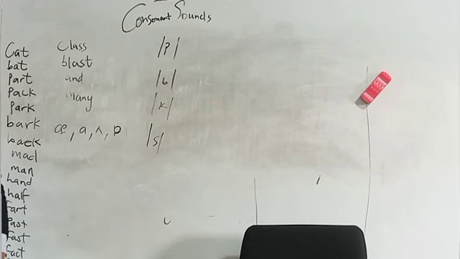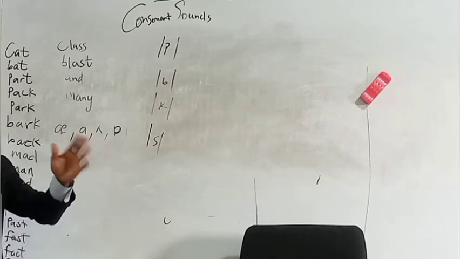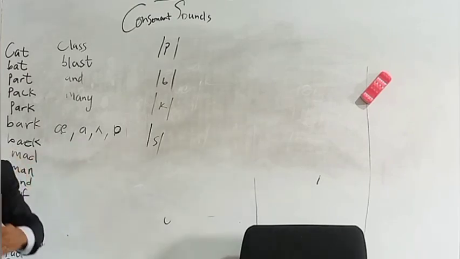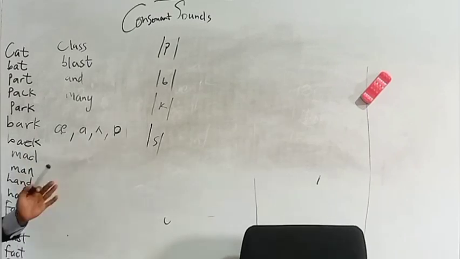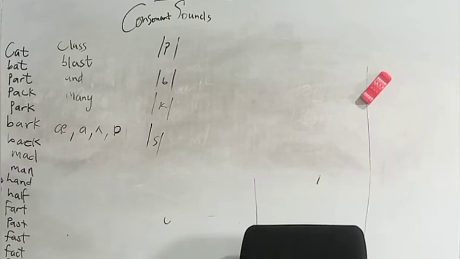But then, consonant sounds, unlike vowels, which often occur in the middle, occur in the beginning or at the end.